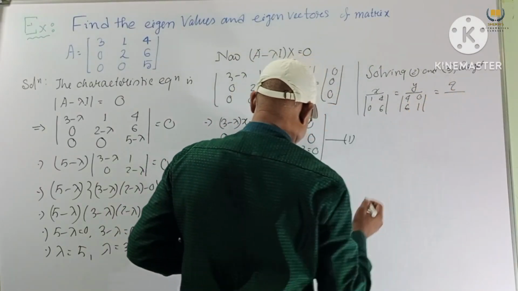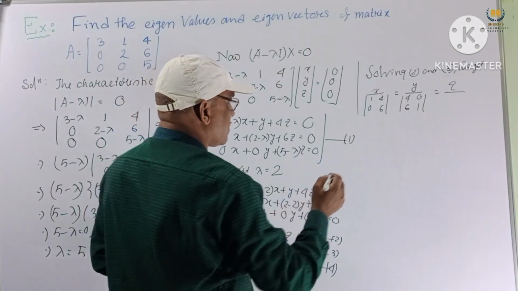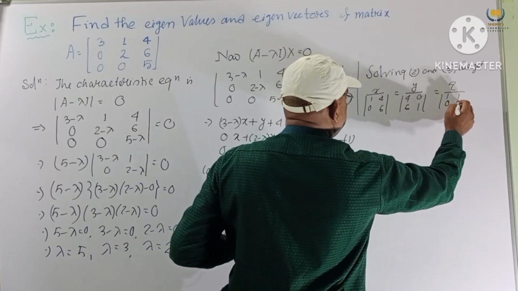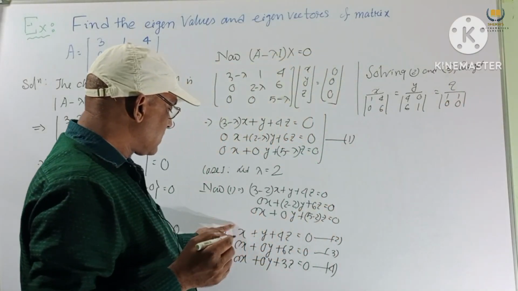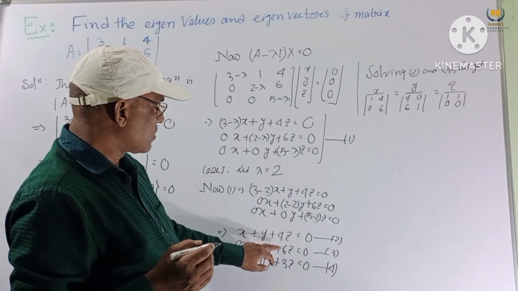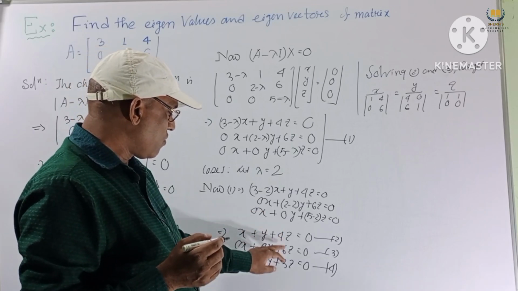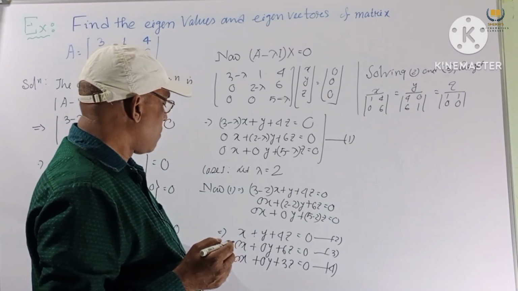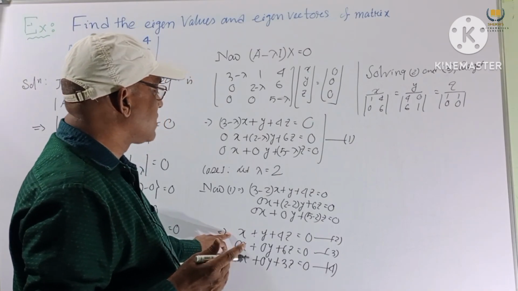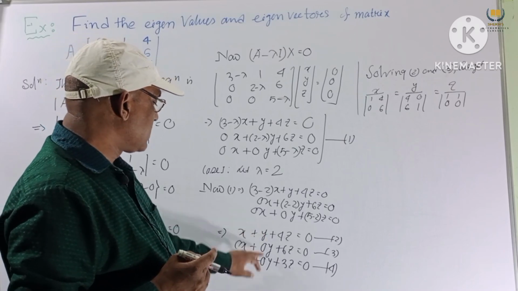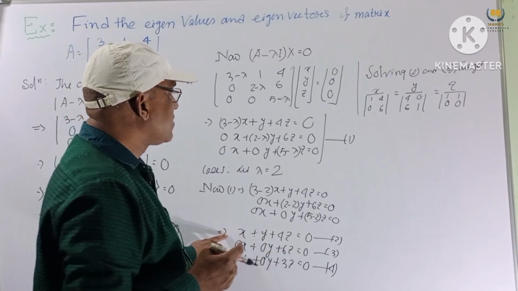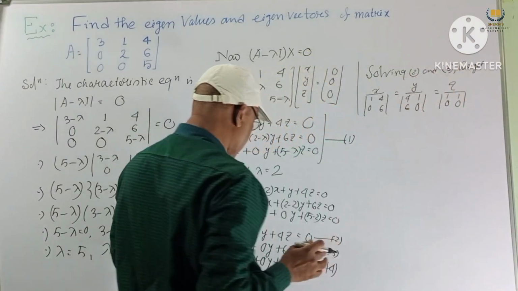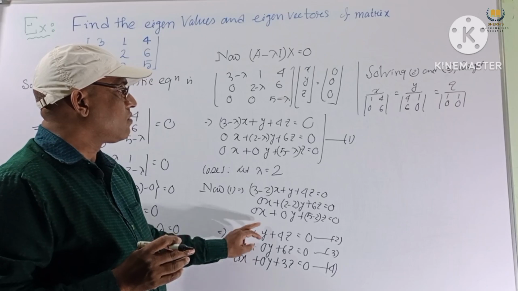Next z: cancel, 1 0, 1 0. So x over the determinant of [1 0; 4 6], y over [4 6; 1 0], and z over [1 0; 1 0].